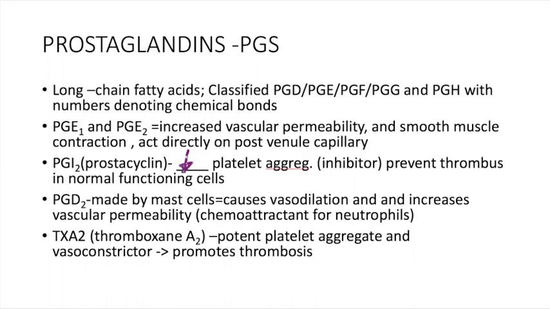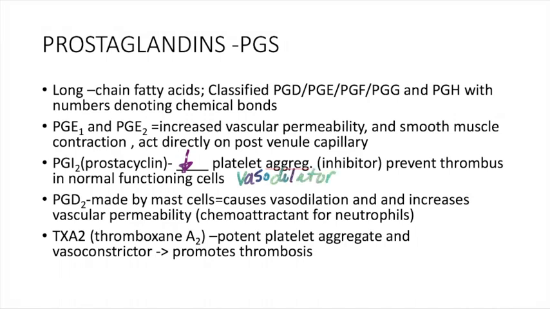So this is just something to understand. If we have prostacyclin, it's going to decrease platelet aggregation. It is an inhibitor, and it will prevent thrombus in normal functioning cells. We don't want a whole bunch of thrombus being produced, right? It's the last thing that we want in normal functioning cells. The other thing that it's going to do is vasodilate, a potent vasodilator.